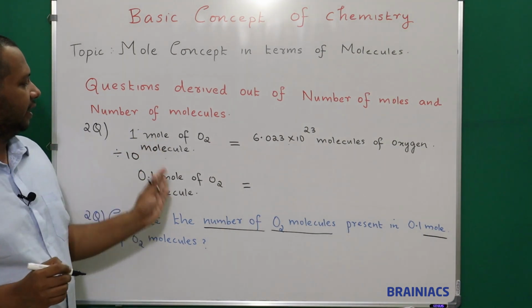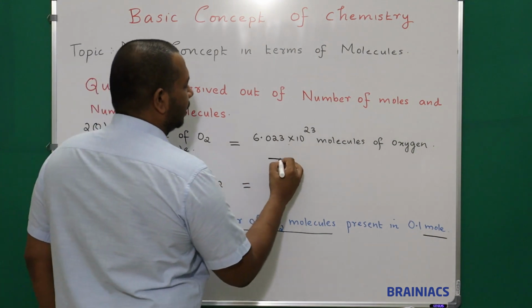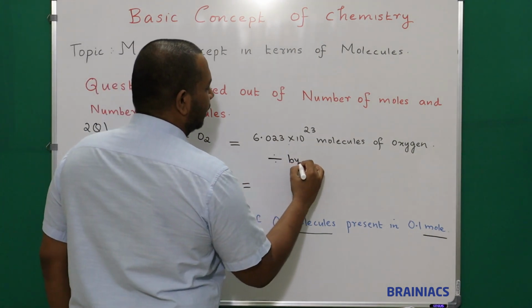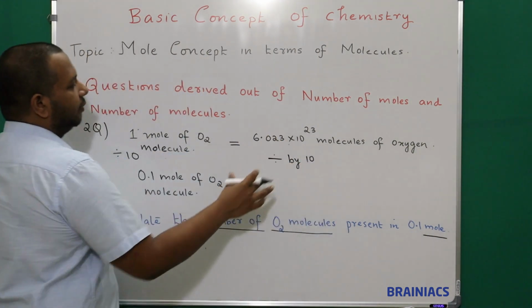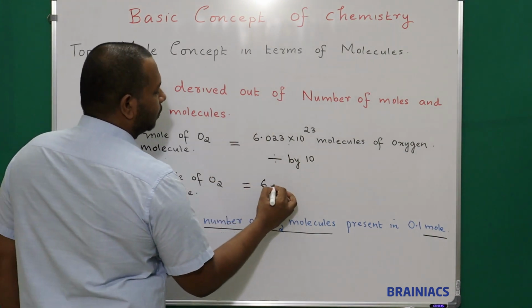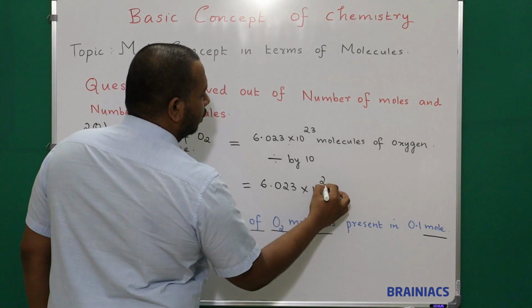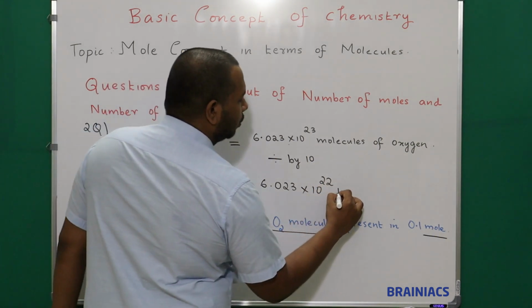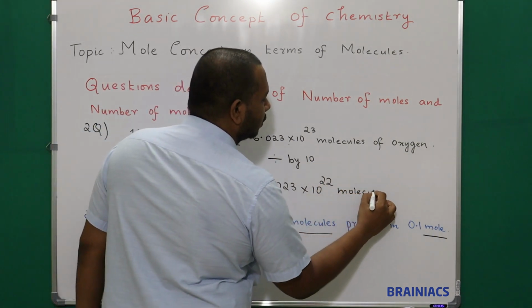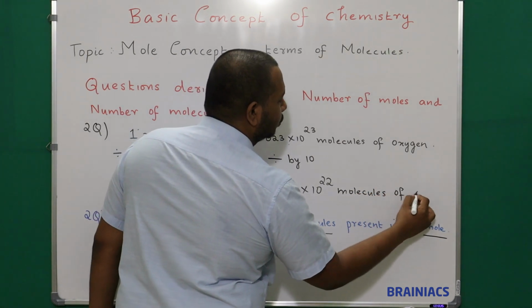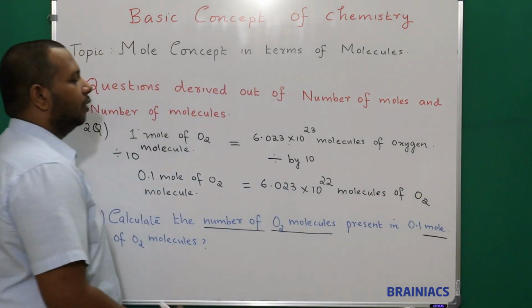So when you divide by 10 here, you should do the same thing here also. Divide by 10. So when you divide by 10, this will become 6.023 into 10 power 22 molecules of O2. So I got my answer.